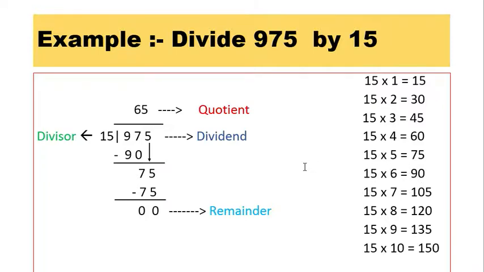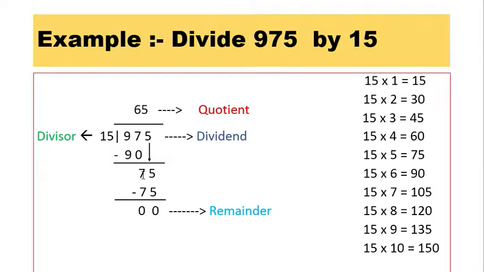So we take the nearest number to 97. 105 is greater than 97 and 75 is smaller. The nearest number is 90. We take 15 multiplied by 6 is equal to 90. Write 90 here and subtract from the right hand side. 7 minus 0 is 7. 9 minus 9 is 0.